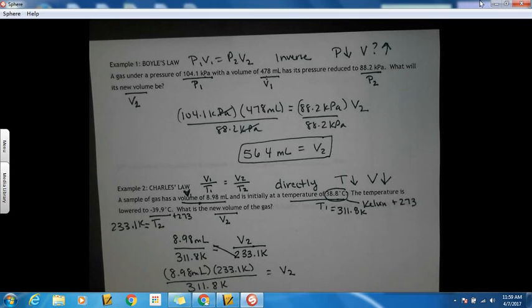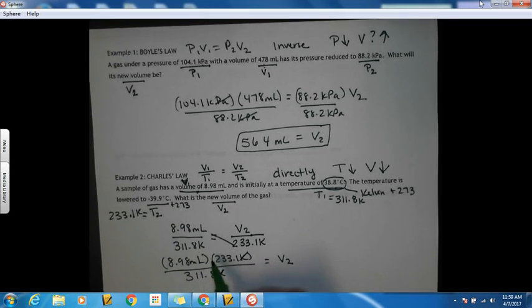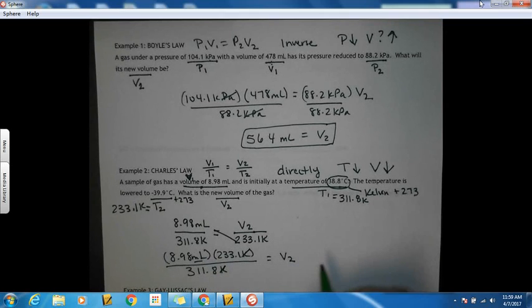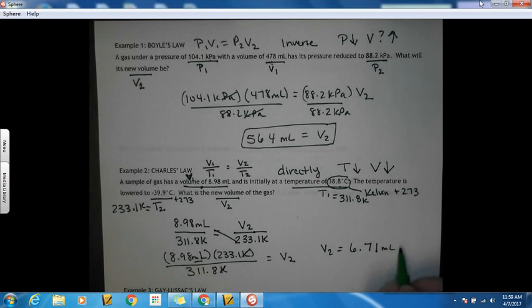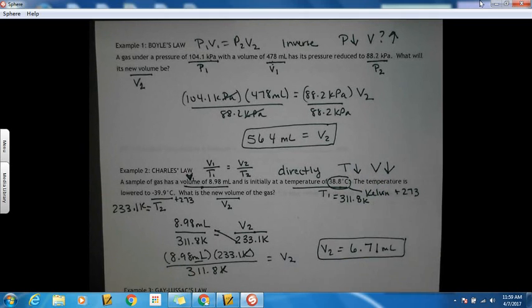So 8.98 times 233.1 divided by 311.8. Again, our Kelvin units cancel, and that leaves us with our milliliters. And so V2 then is 6.71 milliliters, which is indeed smaller than what we started with, and that's what we expected to happen.